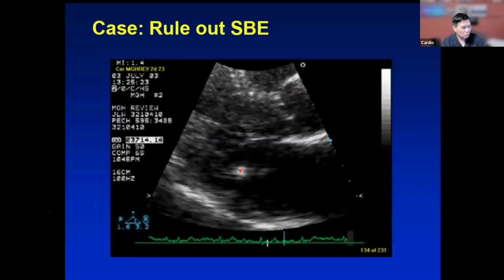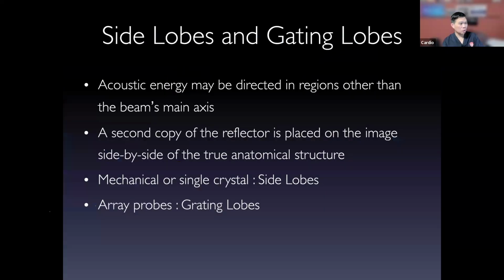So this is what we call a beam spread artifact. When you have a very bright structure, because the beam is not infinitely small or thin, the bright reflector gets mapped out to the side, usually laterally, and it moves up and down with the structure. So that's the way to tell it. This is otherwise known as side lobes or grating lobes.